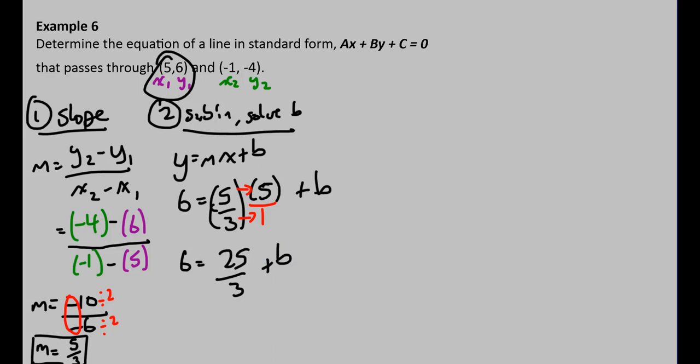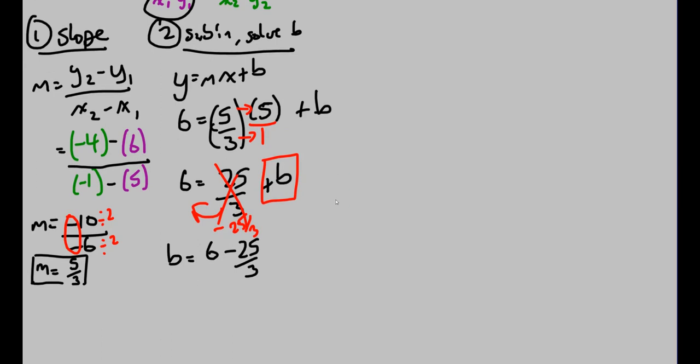And then I have to solve for b. So I got to bring this over to the other side by subtracting 25 over 3 on both sides. These will cancel out. And I'll have a lovely subtraction of fractions, which we love doing. And when I am subtracting or adding fractions, I have to have a common denominator, common for addition or subtraction.